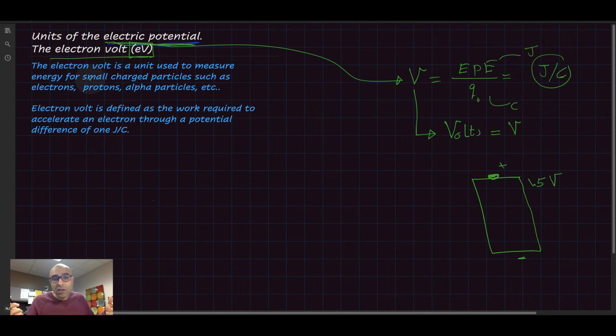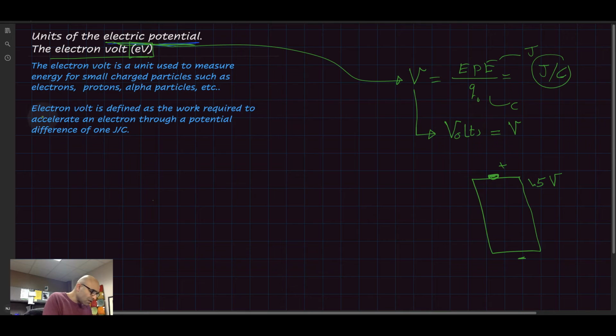It's like measuring the distance between here and the stars using centimeters. That's not going to work. These objects are very small, and the joule is a very big unit compared to them. So you need a very small unit appropriate for measuring these small particles' energies.